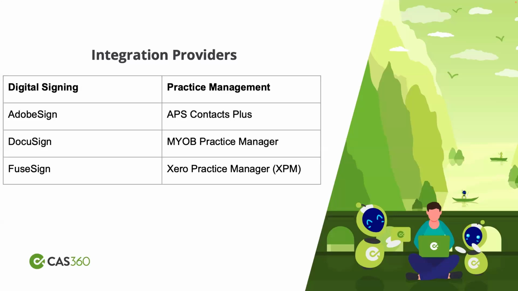In terms of the setup, I will be going through this today, but in terms of the subscription, you can also get in touch with your account manager. From the practice management side, we also have three providers: APS Contacts Plus, My Practice Manager, which may also have been known in the past as GreatSoft, and Zero Practice Manager. So let's dive right in.